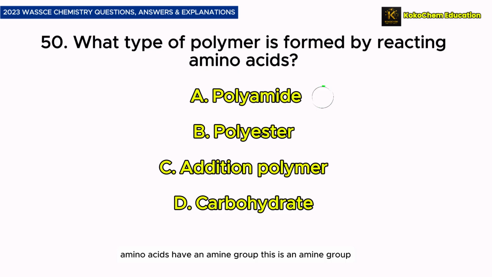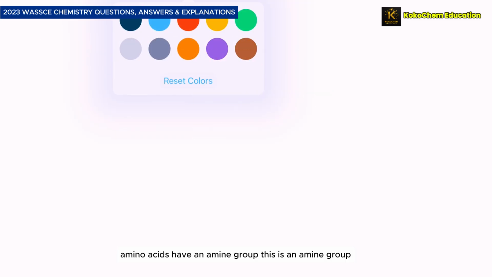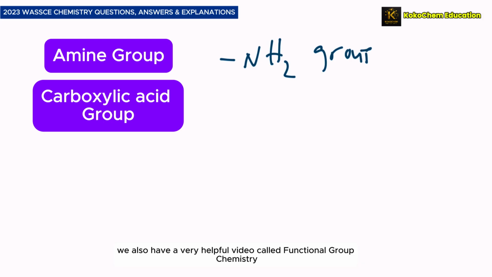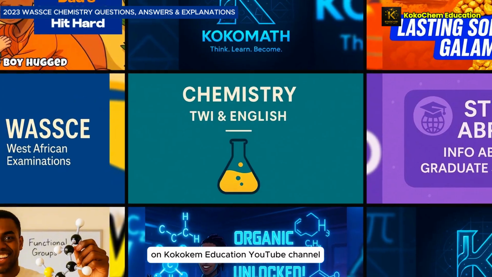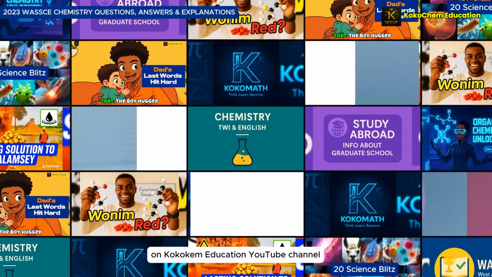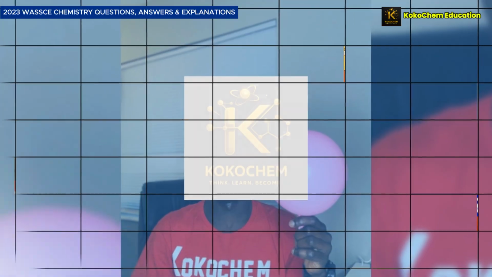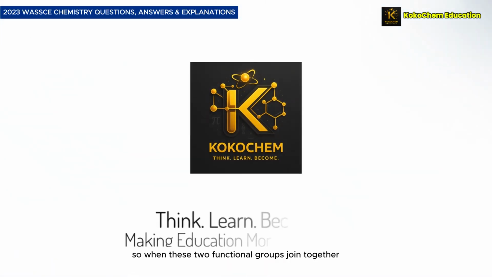Explanation. Amino acids have an amine group, this is an amine group, and a carboxylic acid group. We also have a very helpful video called Functional Group Chemistry on the KokoChem Education YouTube channel. So please do check it out.